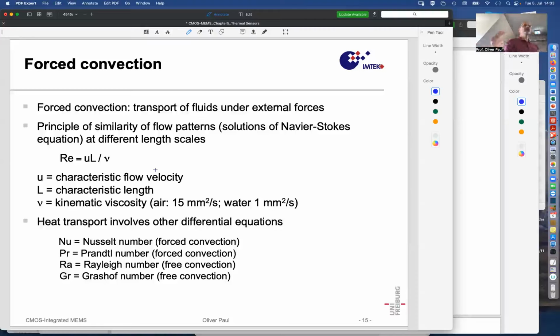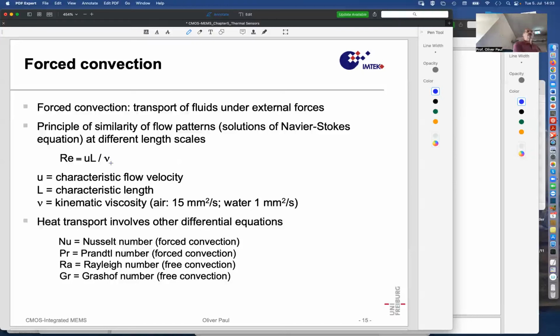So microfluidics is not, apart from some effects that Professor Zengerle will tell you, like slip flow and so on, microfluidics is like macrofluidics. It just apparently has a dramatically higher viscosity, but that's only because L is smaller, and so we would need a smaller viscosity to produce the same flow patterns at the same velocities, and the velocities are also smaller, so we would need dramatically smaller viscosities to have the same flow pattern as in the macroscopic.